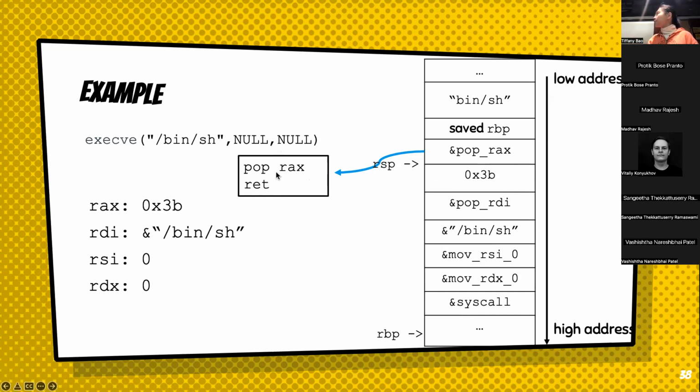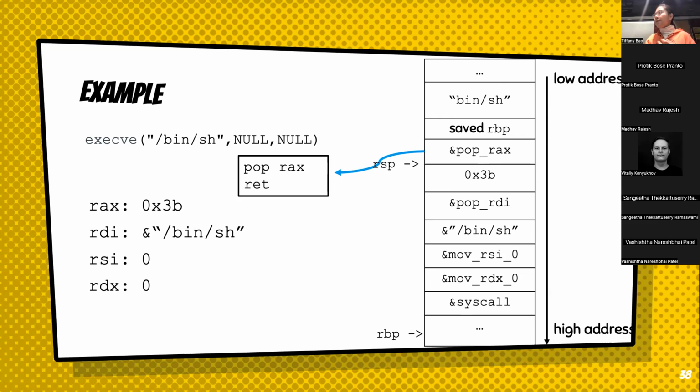Remember, the goal for us is to make RAX equal to hex 3B, right? So in this case, we make this stack location store the value hex 3B, so that now if we pop, this value will be given to RAX.